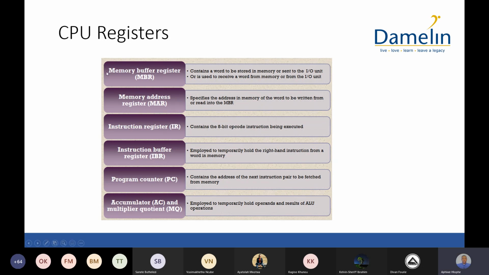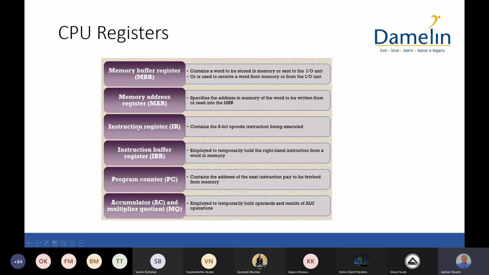If we take the memory buffer register, this type of register stores the data that is coming from the RAM. We have the memory address register. This register stores the address that we must fetch next. What address must we fetch next? That is stored within the memory address register.